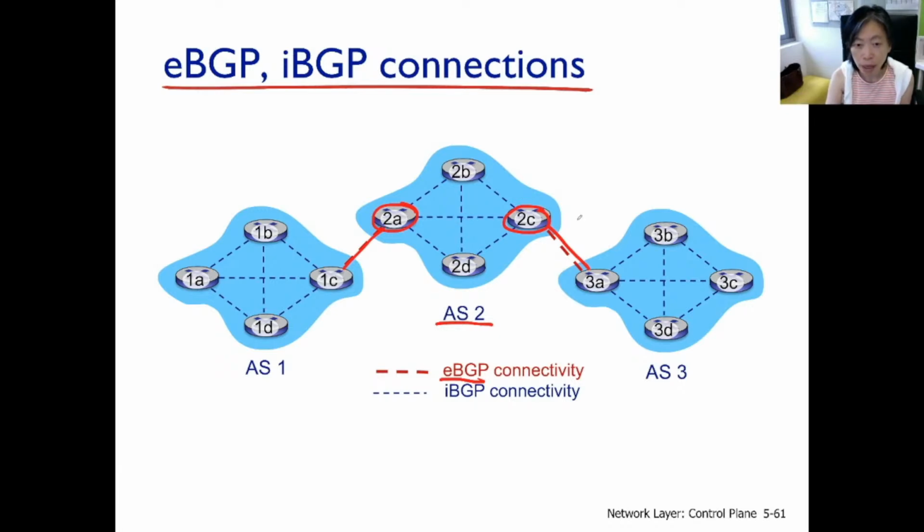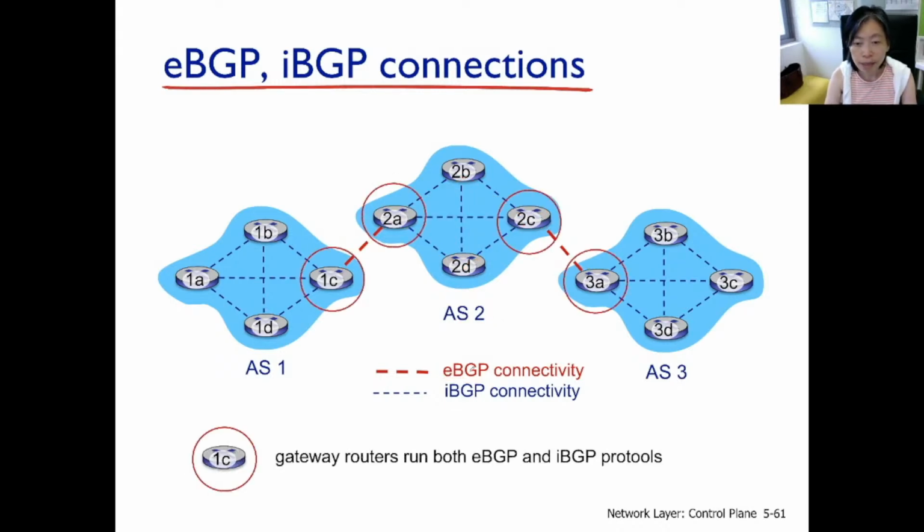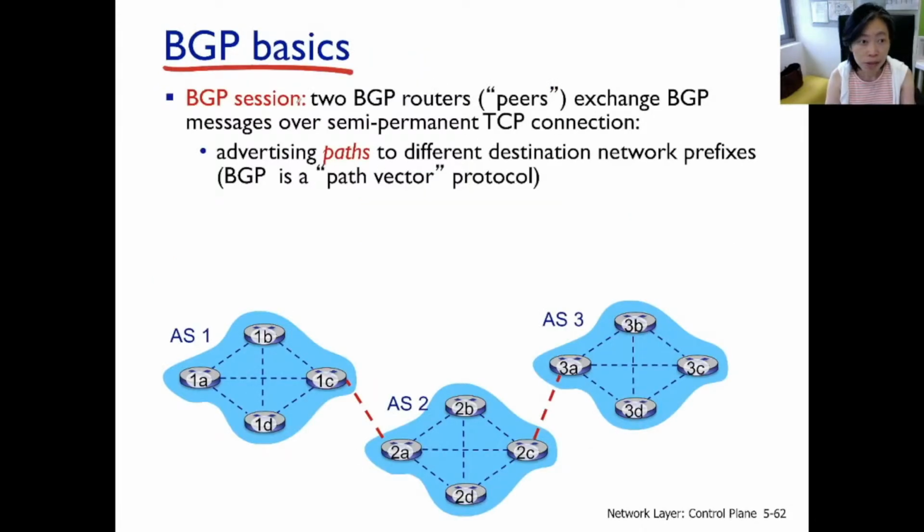So you see they went through the IBGP connections, IBGP connections in blue. Once again, these are gateway routers, and you see them having both the red connections and the blue connections. They run both the eBGP part of the protocol as well as the IBGP part of the BGP protocol. Those BGP connections are often referred to as the BGP sessions.